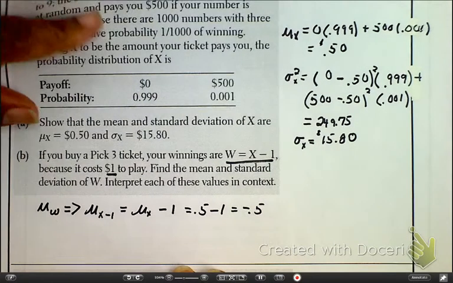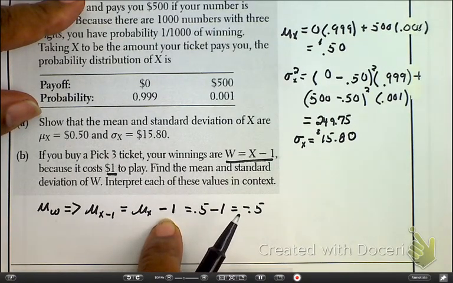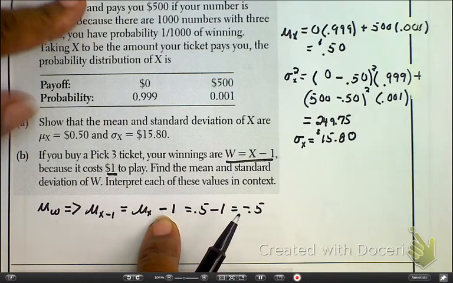Remember how we've talked about all that minus 1 does is take my means and shift them all, in this case, shift them down 1.